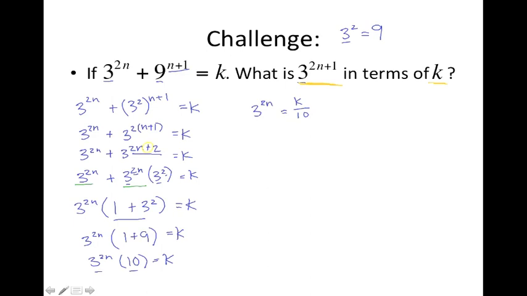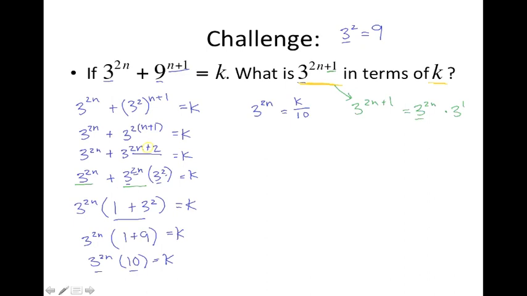So now let's think back again to our laws of exponents. Here I'm adding 1, and it's similar to what we did around here. When I am adding an exponent, it's like multiplying something with the same base. So saying 3 to the 2n plus 1 is like saying 3 to the 2n times 3 to the 1.